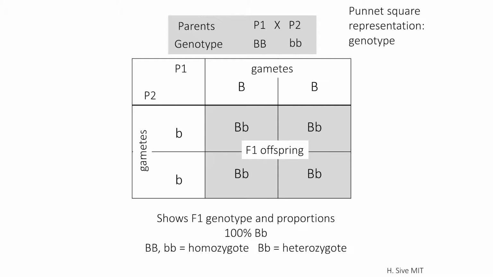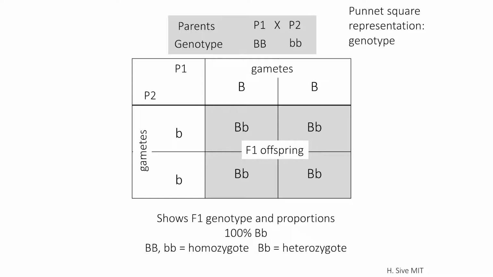So you start with the parental genotype, and then you split it into the gametes that can form along the top and along the side. And then you do the cross. Gamete big B will match up with gamete little b and give you big B, little b. Gamete big B will match up with this little b to give you big B, little b, and so on.